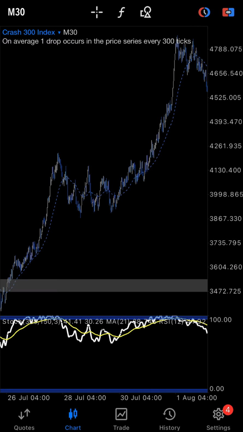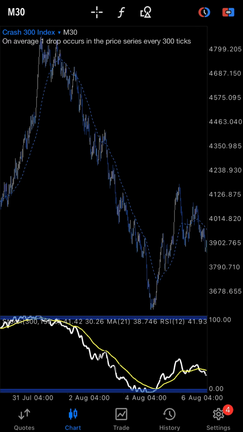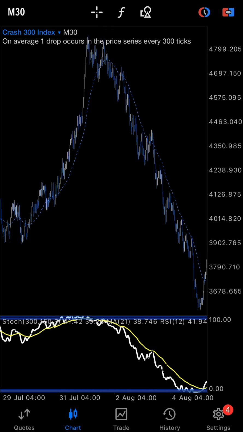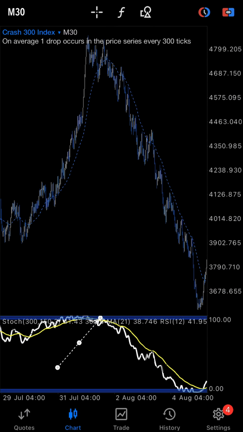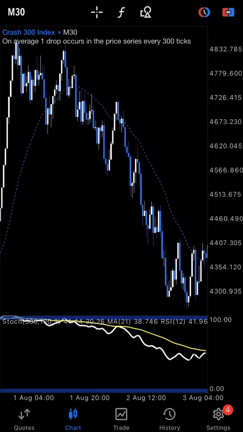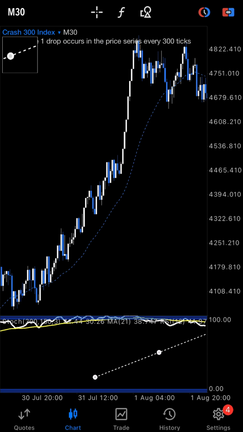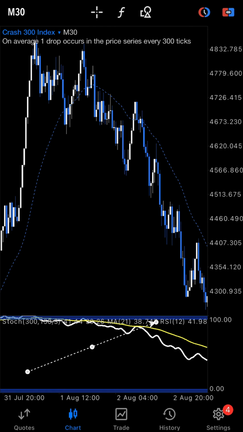Look at here, guys, it is trending at the overbought. Then what happened? A breakout, retesting the stochastic and also retesting the linear weighted moving average on the main chart.